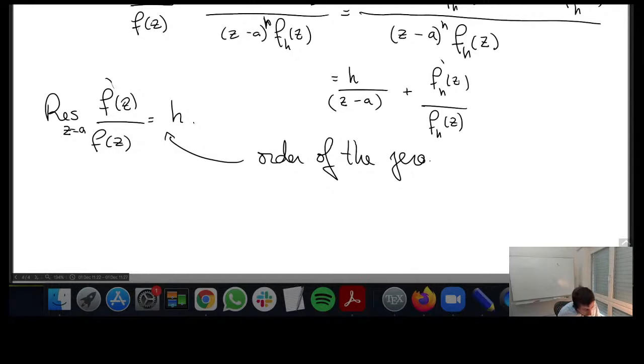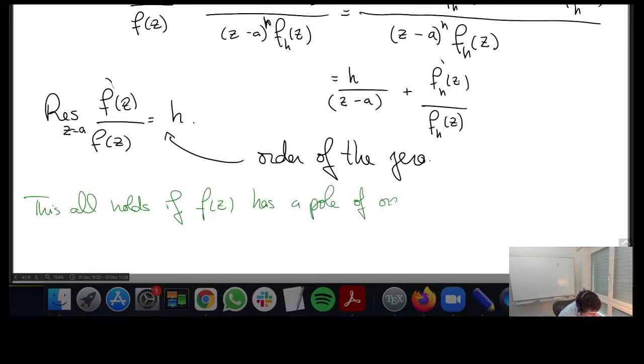But now we're prepared to go a little bit further, which is that this all holds if f of z has a pole of order minus h.